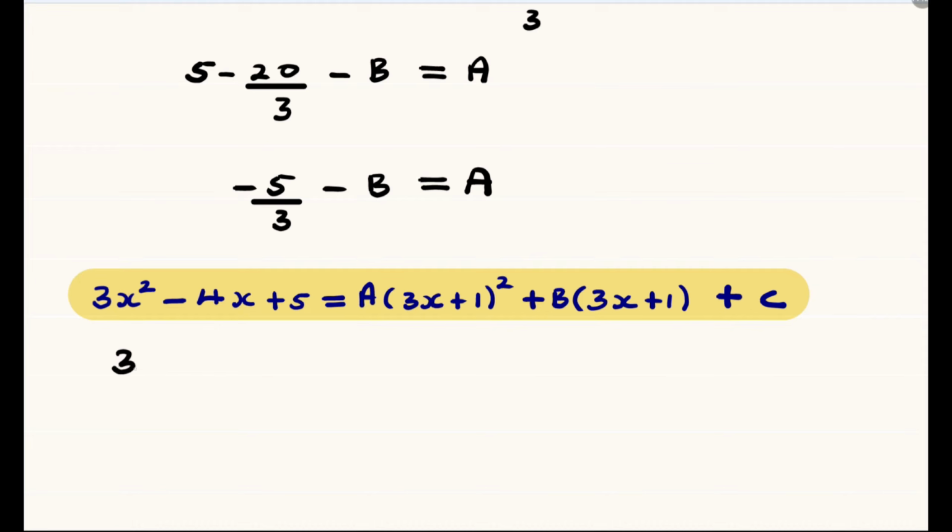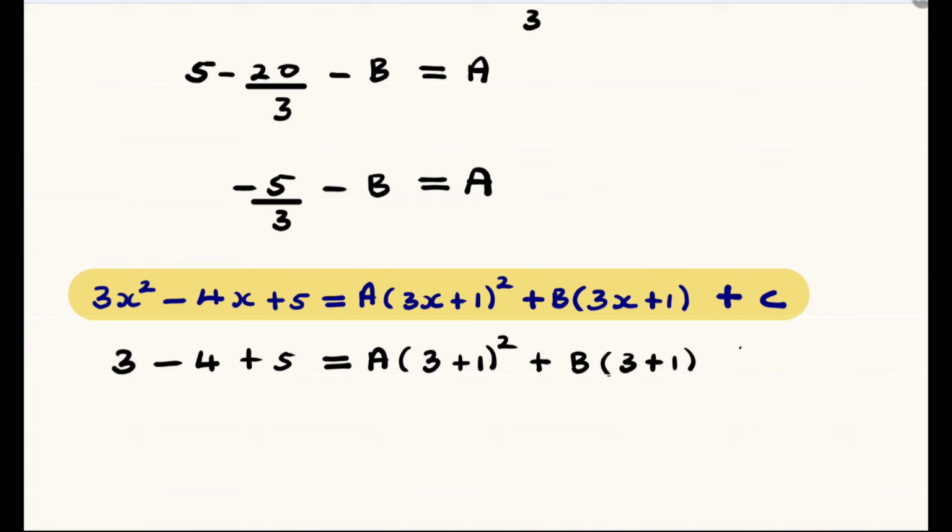So we have 3 minus 4 plus 5, which will be equal to a into 3 multiplied by 1, which is equal to 3, plus 1 raised to the power 2, plus b multiplied by 3 by 1 is equal to 3, plus 1, plus the c.